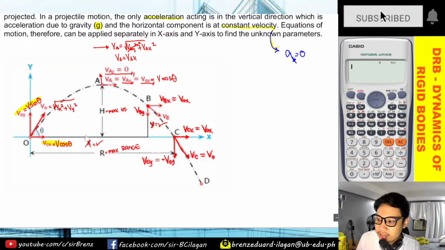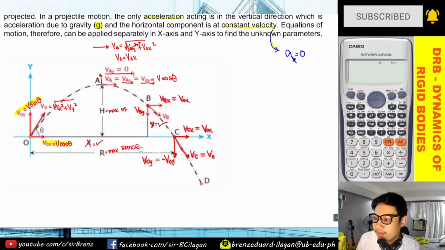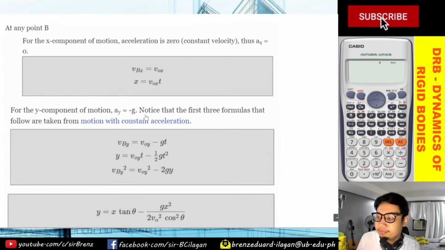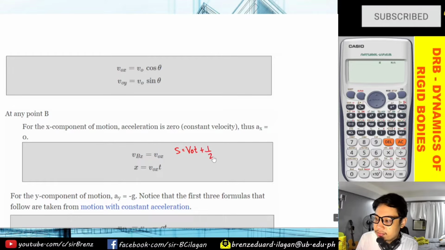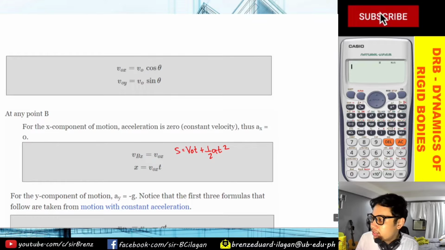Since constant yung velocity niya, that is equals lang sa v sub ox, or yung x component, times the time t required para ma-reach yung distance na yun. So yung time na yan is equals lang din sa time para ma-reach yung height na yun. So saan ba nanggaling to? Again guys, di ba meron tayong formula na S is equals to v sub o t plus 1/2 a t squared. Since papalitan lang natin tong S in terms of x.